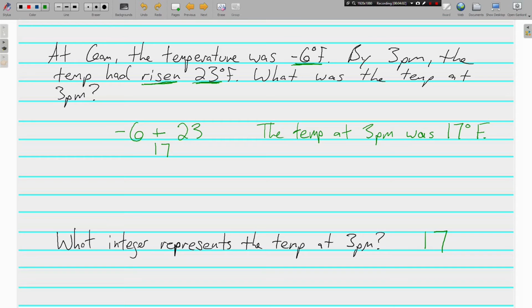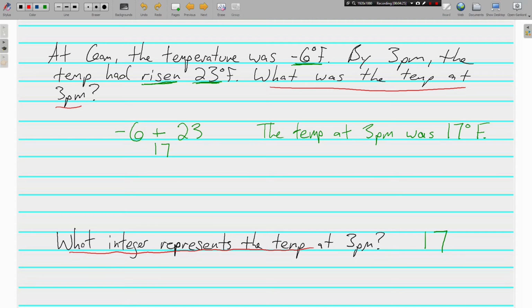If it just says what integer, it'd be 17. It's a positive 17 because it's above 0. Okay, so please understand the difference between a question like, what was the temperature, and what integer represents the temperature. See the difference? Hope so.